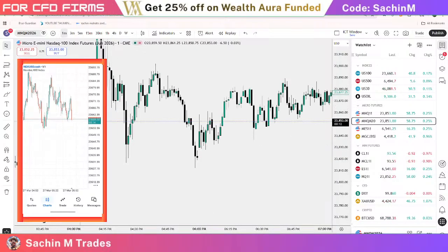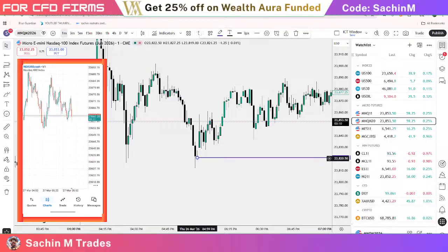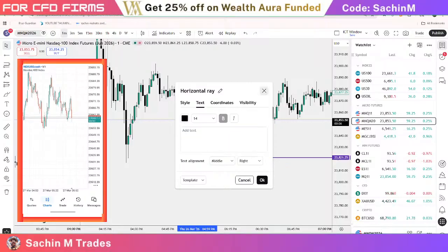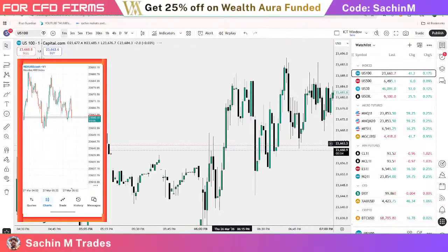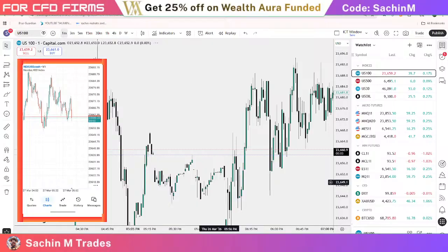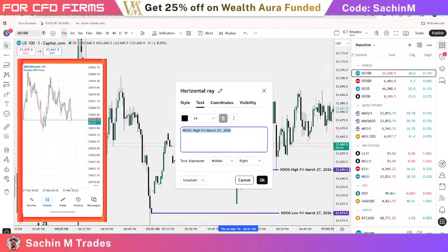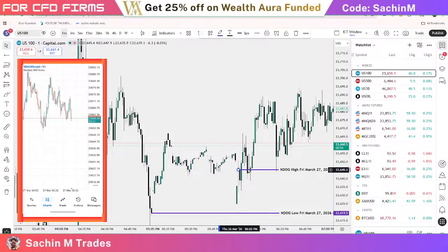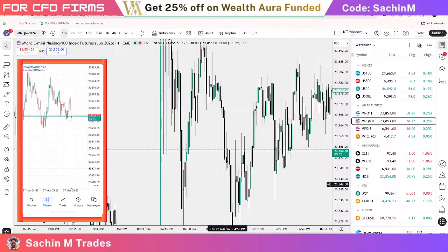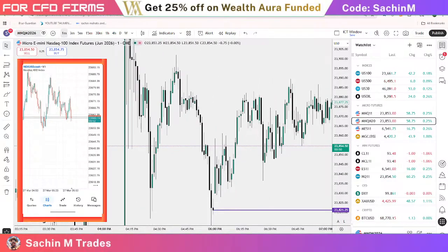I have to do the same, but I will just copy the template. Control C. And I think this one is the right one according to what we are seeing in MNQ.